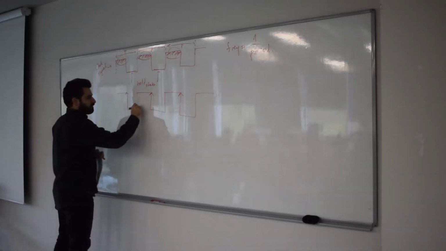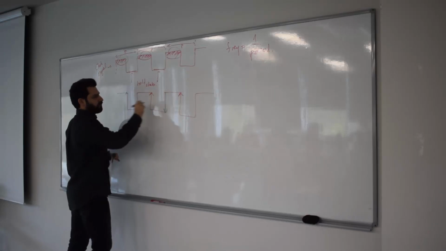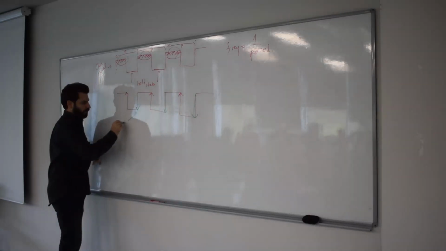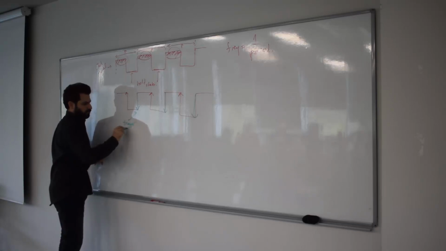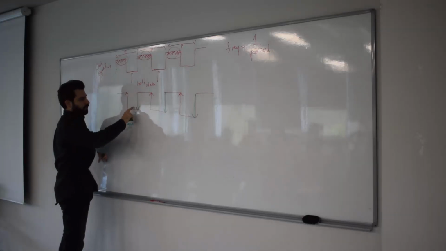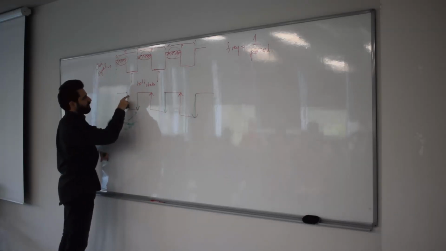So this could be another flip-flop. These are also called triggers, by the way. If your flip-flop is triggered through these, oh sorry guys, this should be a falling edge, right?